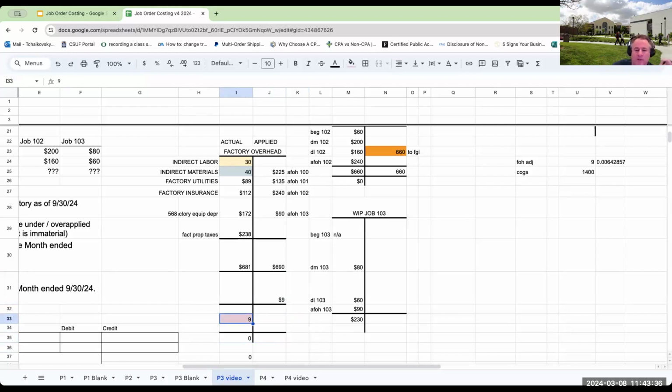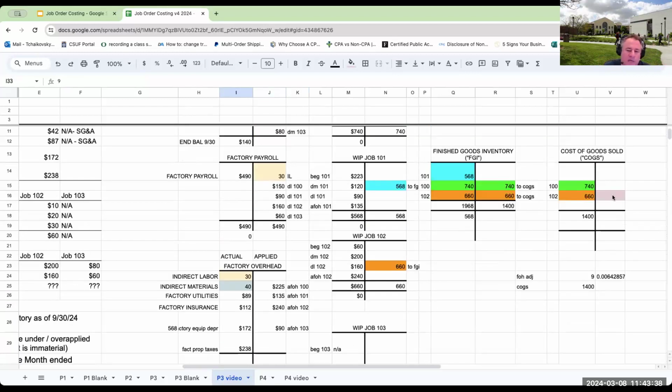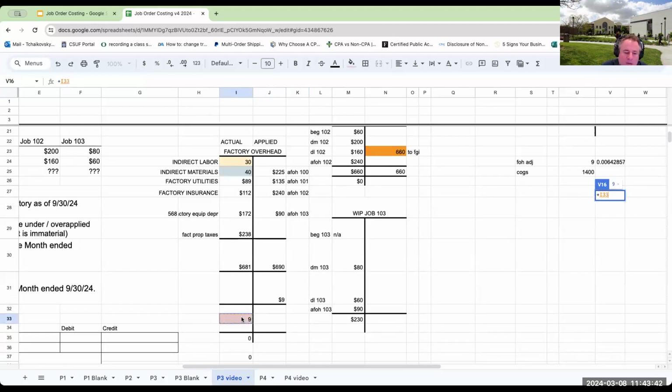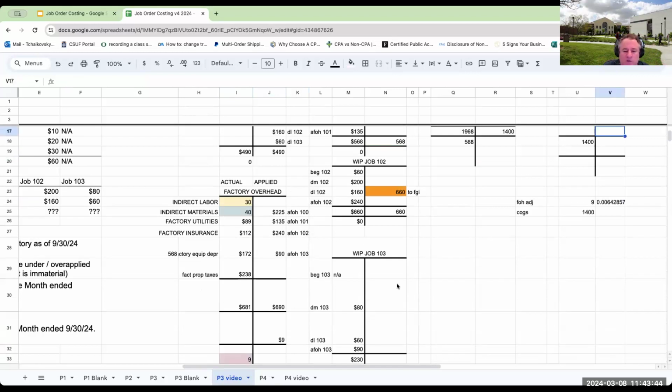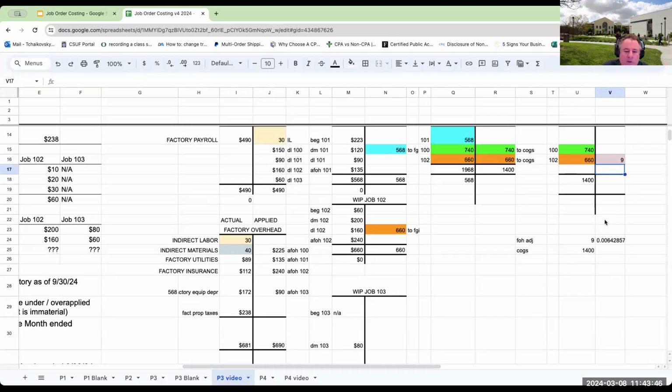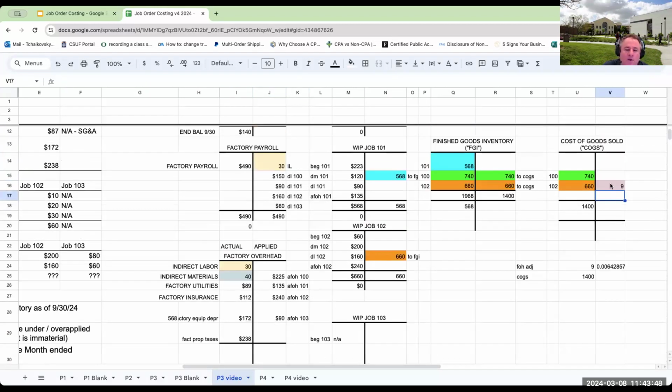But for every debit, I need a credit because it is not materially significant, and that's going to be the assumption when you're doing these questions with me in my class. I'm going to go ahead and credit cost of goods sold for that amount because it doesn't really make a difference. It's not going to inflate or deflate cost of goods sold materially.